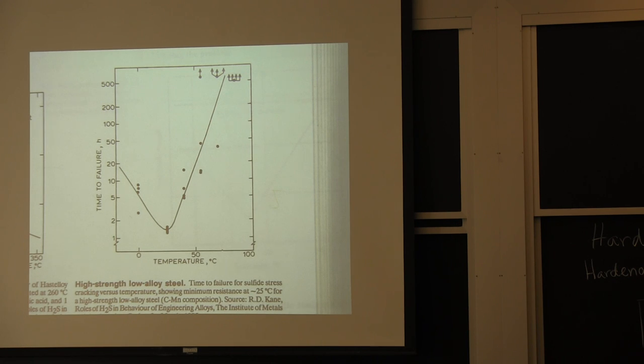Turns out sulfide stress corrosion cracking is merely another form of hydrogen cracking, but it occurs when you have H2S gas around, which you just soon not be around because it's actually toxic gas, and you can suffocate or you can die from breathing too much H2S. Anyway, this is time to failure versus temperature. At 25 degrees C, which is room temperature, we have cracking in less than 2 hours. If we cool down, it takes up to 20 hours because the hydrogen can't diffuse to the crack tip.